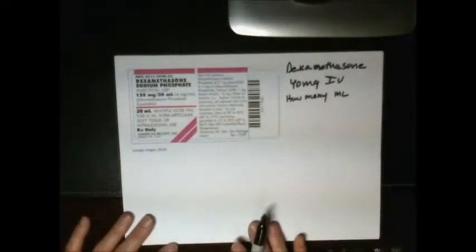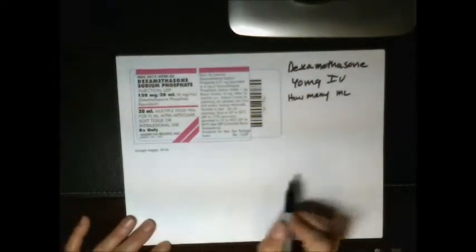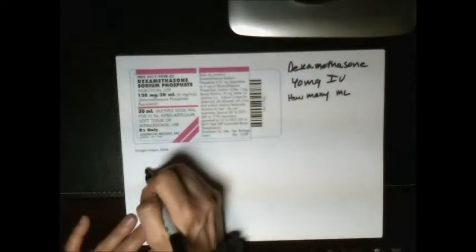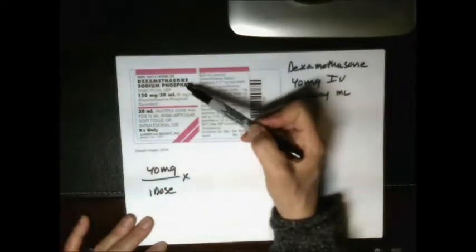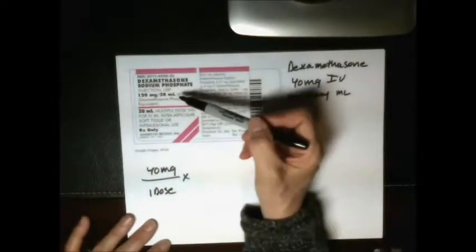Our next problem is dexamethasone, 40 milligrams IV. We want our answer in milliliters. On the left hand, organizational formula, I'm going to put the order, 40 milligrams in one dose. Next, I'm going to go to the pharmacy, find out what I have in the pharmacy.